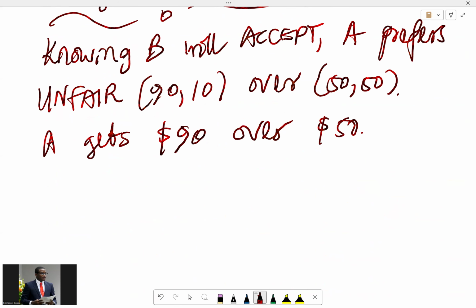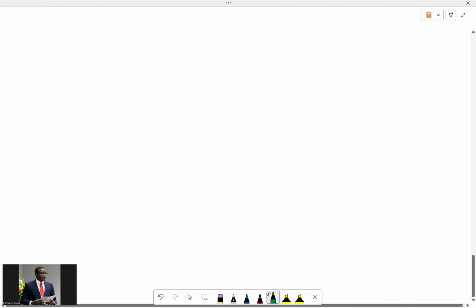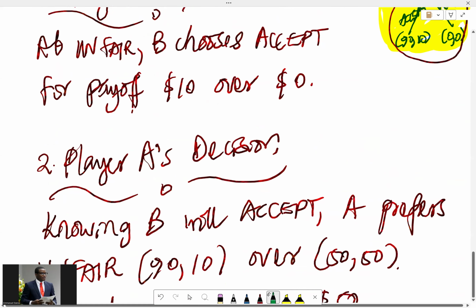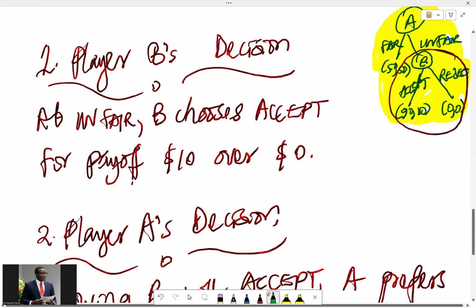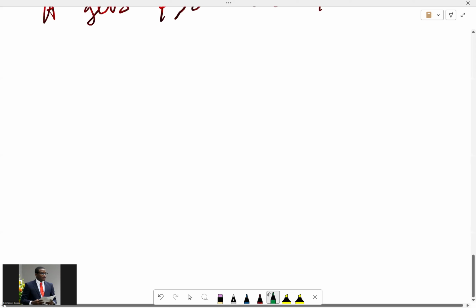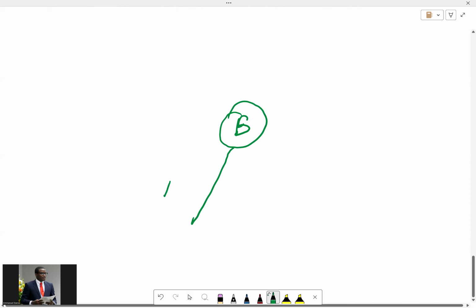So using a tree diagram, that simply means that we start from player B around here. Player B is confronted with either to accept or to reject.